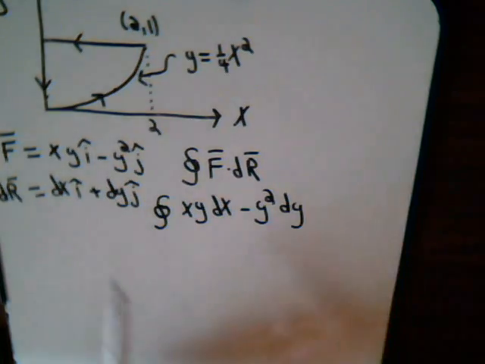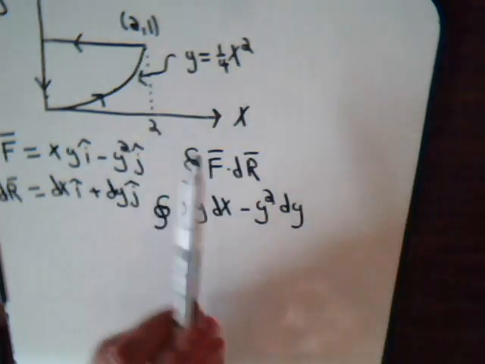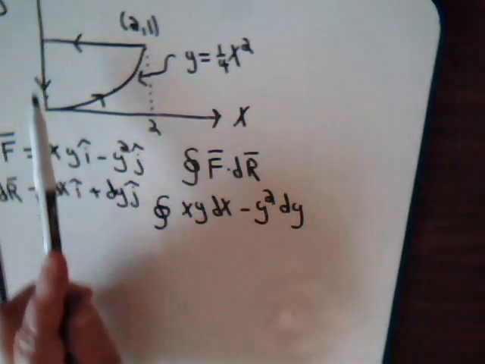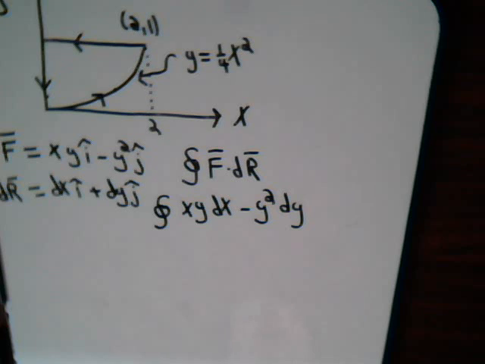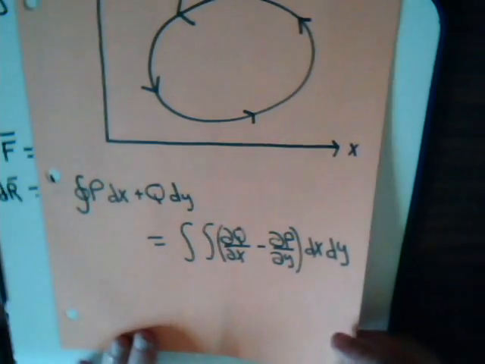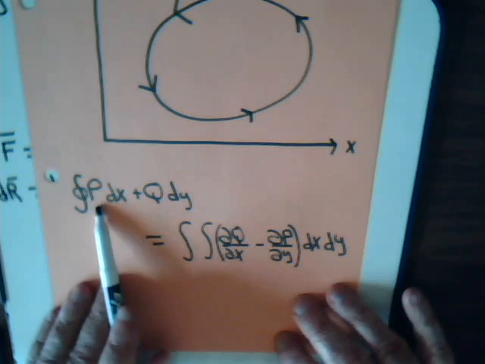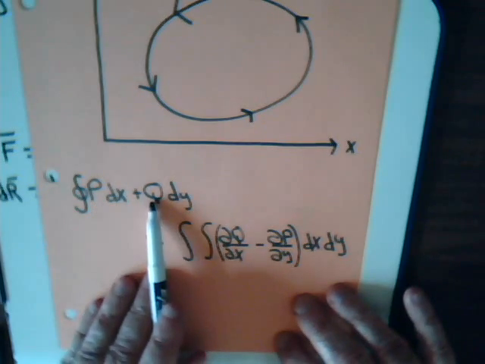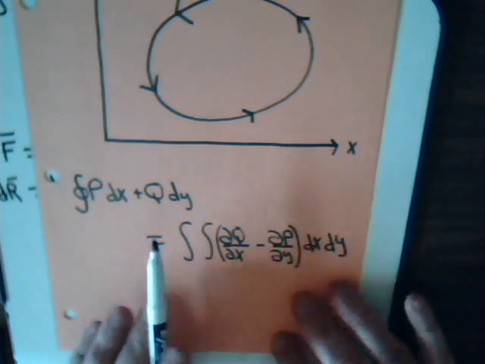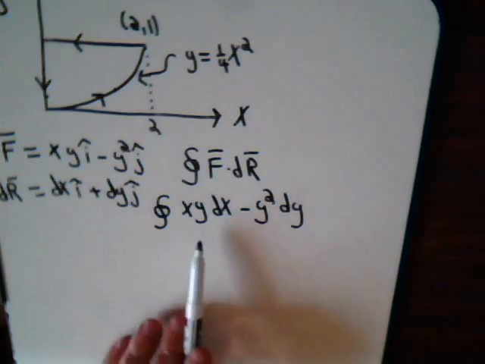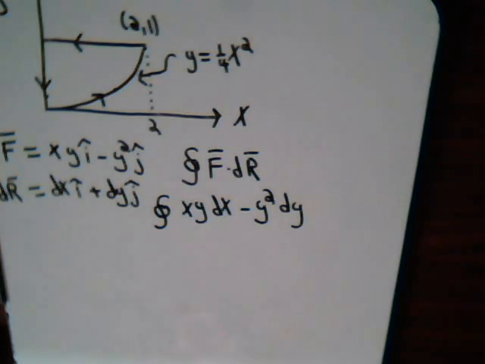So we'll take this line integral going along here, then here, then here, take those three values and add them up. Now notice that for this problem, the line integral is usually expressed in this general form, P equals xy and Q equals minus y squared.